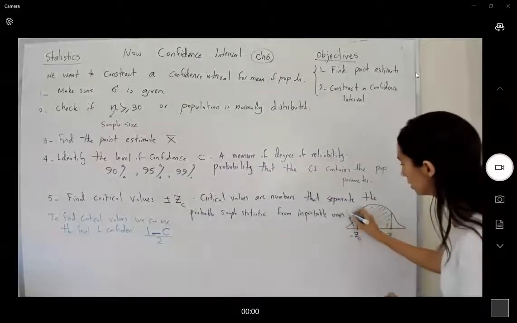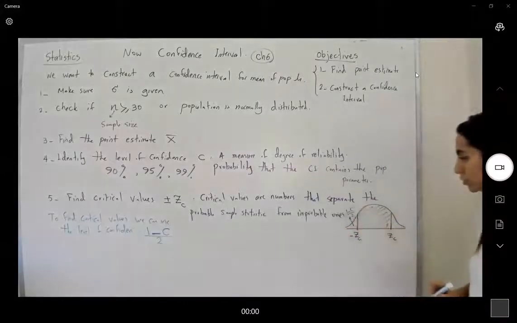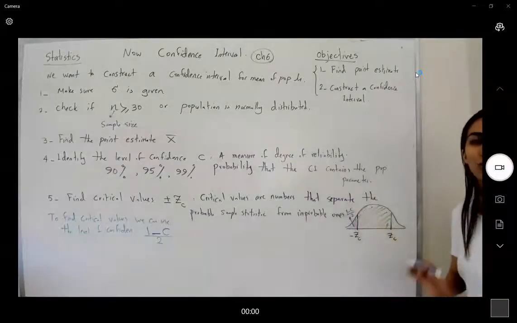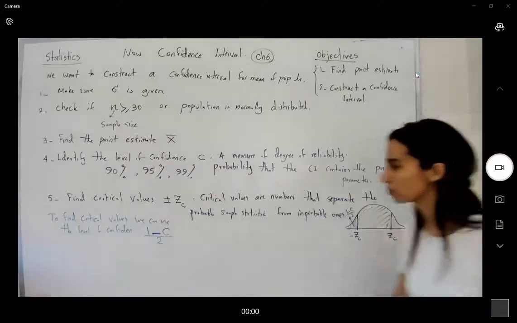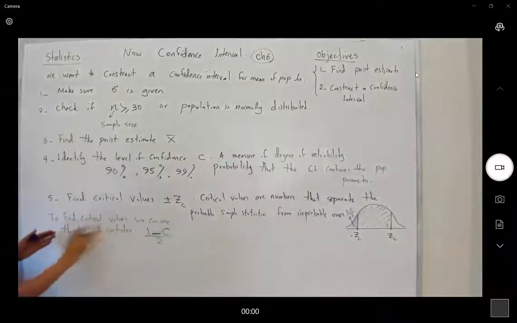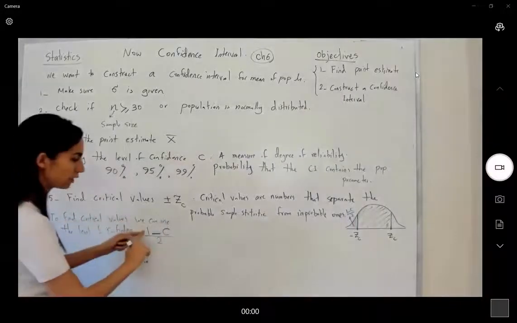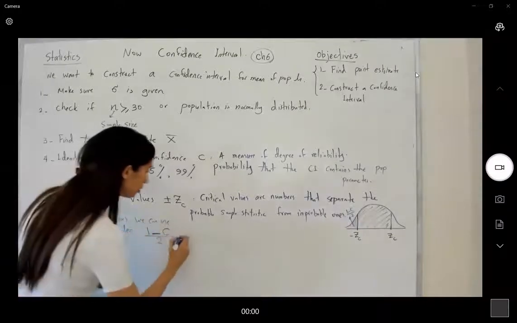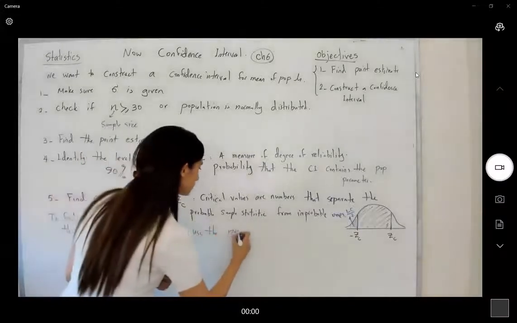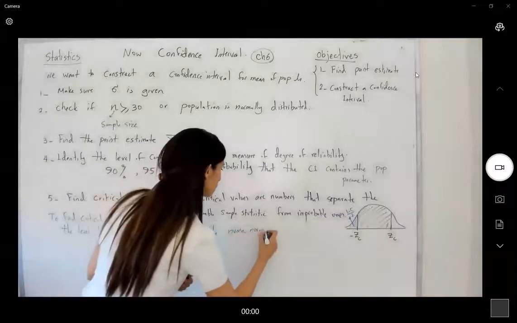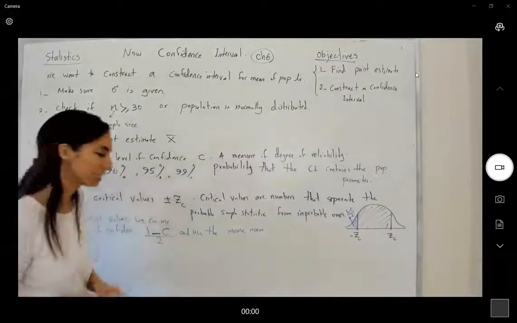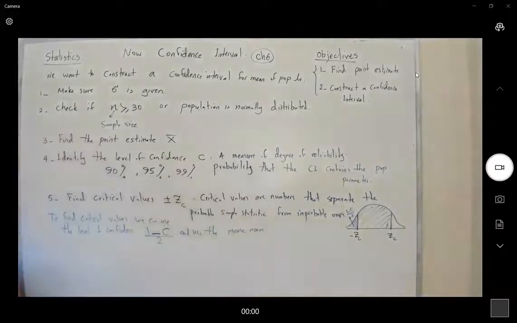This is 1 minus c divided by 2. Since you have this little area on the left-hand side, you can use your inverse norm to find your zc. Let me use my calculator and actually calculate the critical values for these 3 levels of confidence.